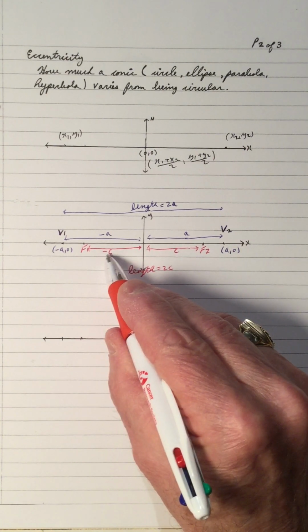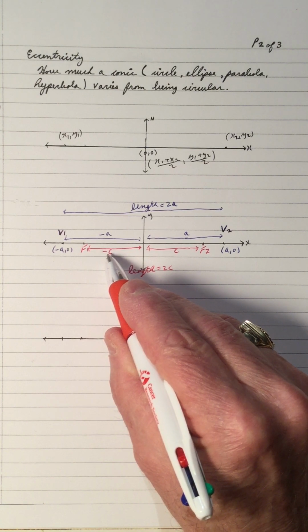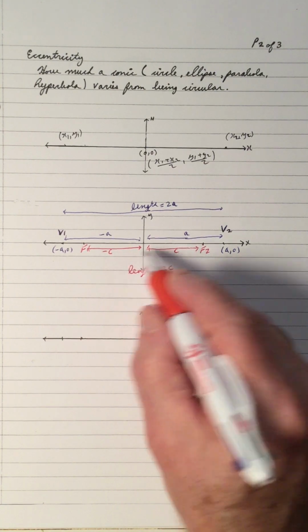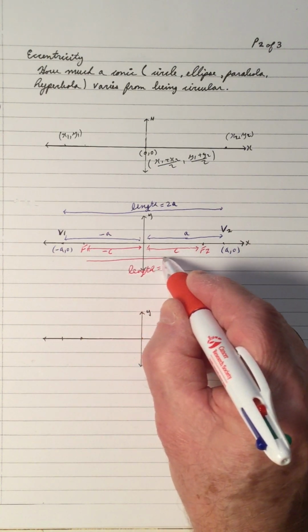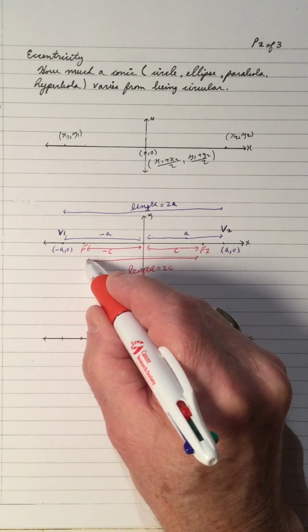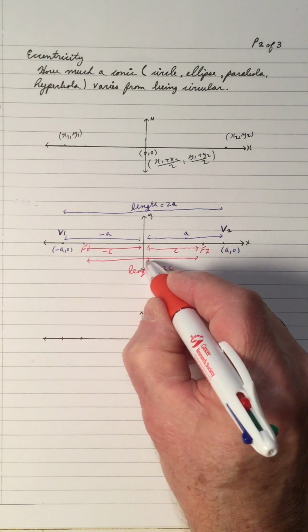You can't say the distance is twice negative 4, which gives negative 8. So the length from there to there is 2C.